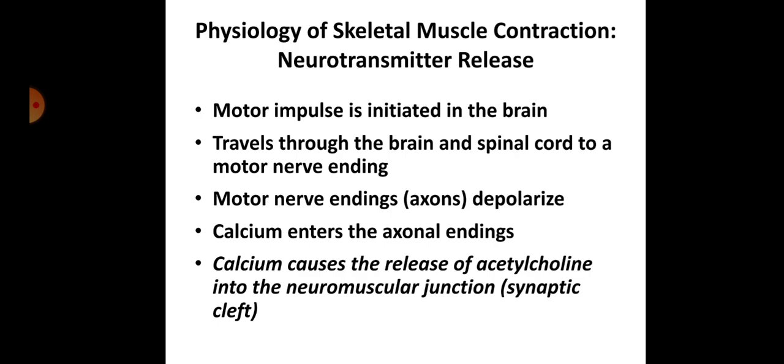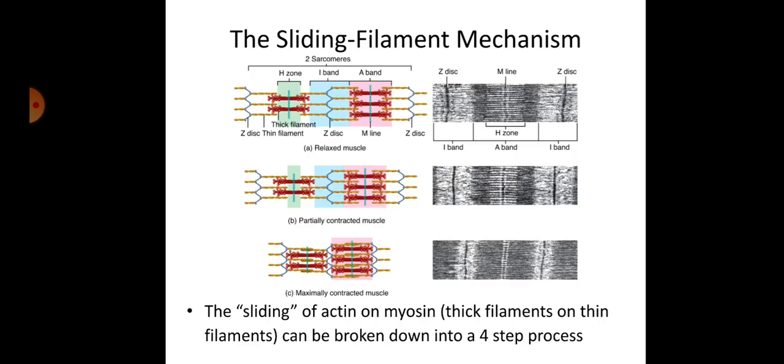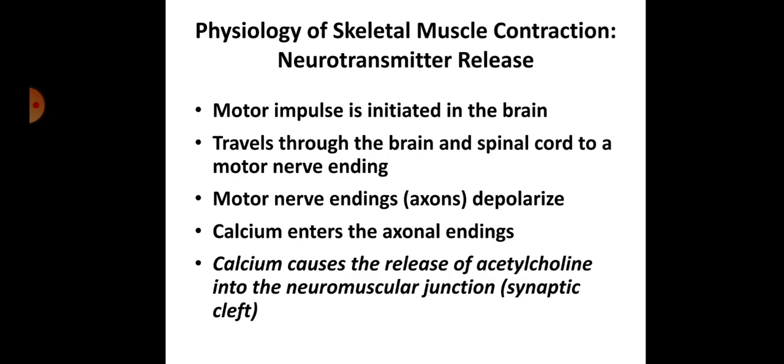In the next slides, I will show you the depolarization and repolarization of the muscle. Now, the calcium enters the axonal endings. Calcium ions cause the release of acetylcholine into the neuromuscular junction, which is the synaptic cleft.